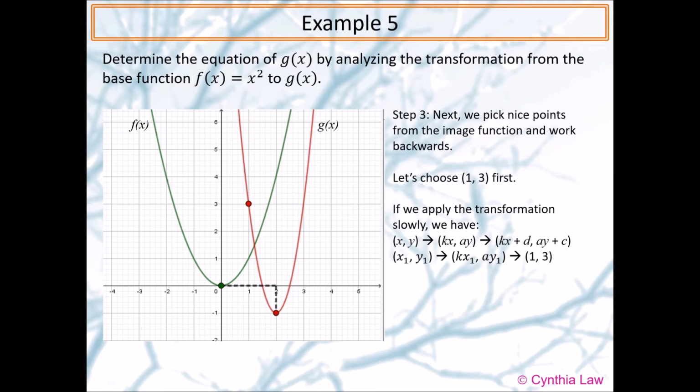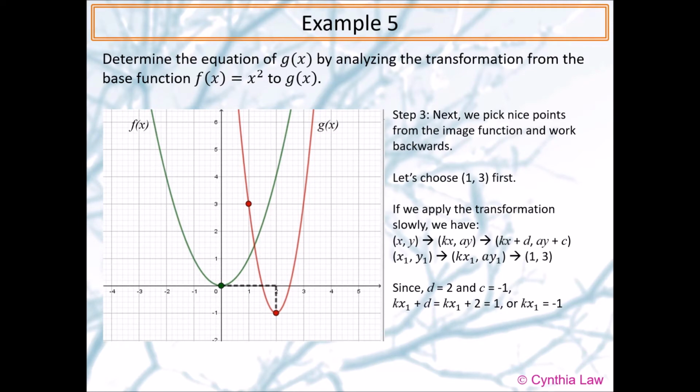And then when we transform it again with the translation, we end up at the point 1, 3. Now, since we know that d is 2 and c is -1 from working with the vertices, we can work backwards and solve for kx subscript 1 and ay subscript 1.